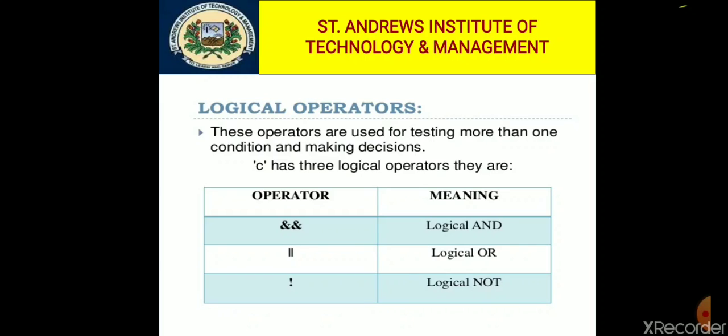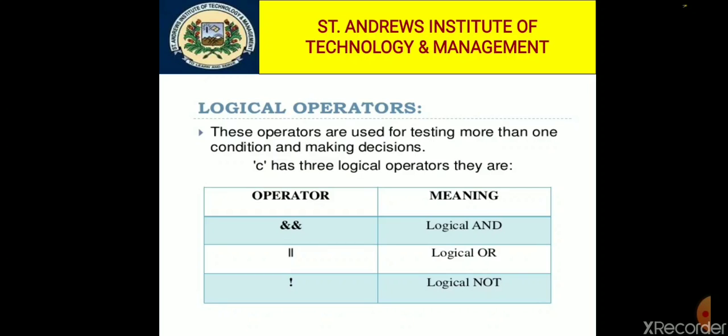If we are talking about the first operator, logical AND: when both operands are true, the logical AND operator gives the result true, and gives the result false even if one of the operands is false.